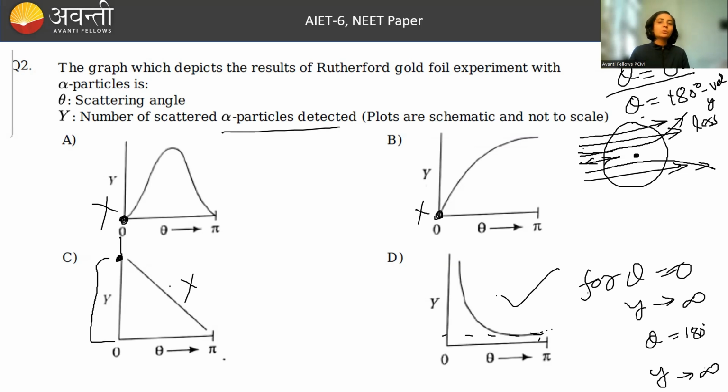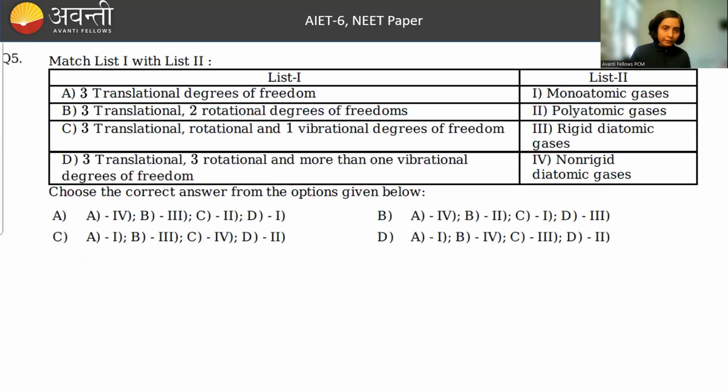Again, you just needed to go through the facts. And this fact we have known since class 9. We don't need to read it in advance. Chalo. This is a question from class 11th, from equipartition of energy. That is, if there is an atom or molecule at a certain temperature T, it will have certain energy and certain degrees of freedom.